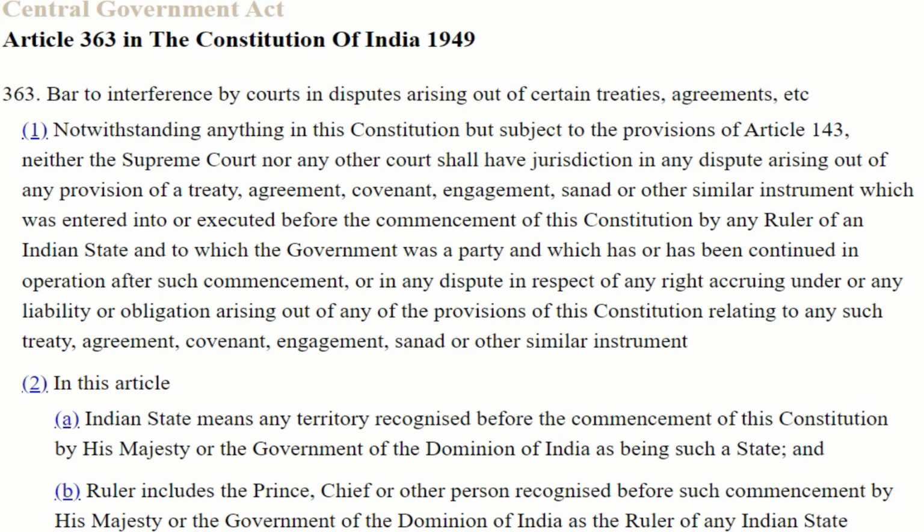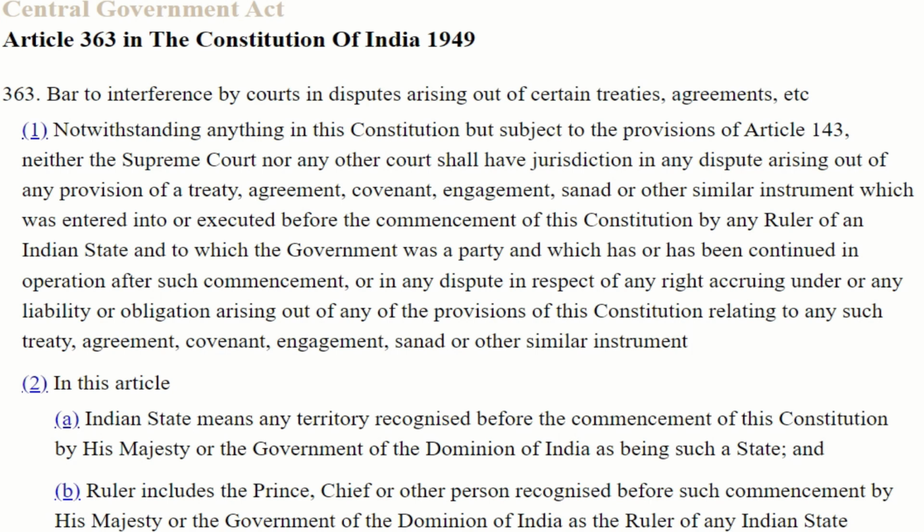Point B. Ruler includes the prince, chief, or other person recognized before such commencement by His Majesty or the government of the Dominion of India as the ruler of any Indian state. So, the word ruler will include the prince also, the chief also, or any other person recognized by His Majesty.